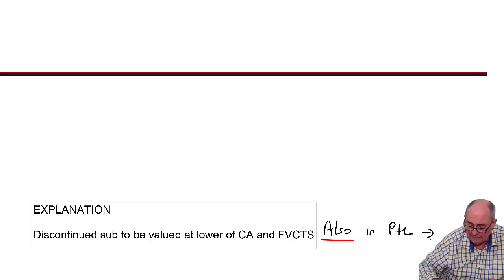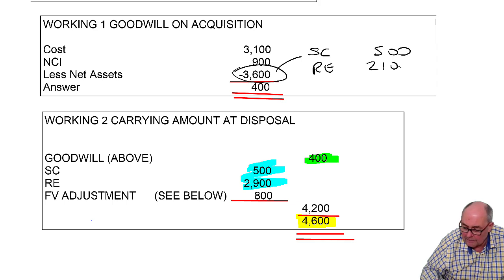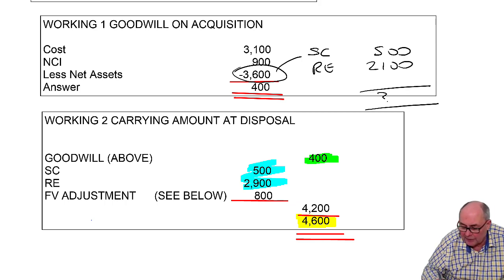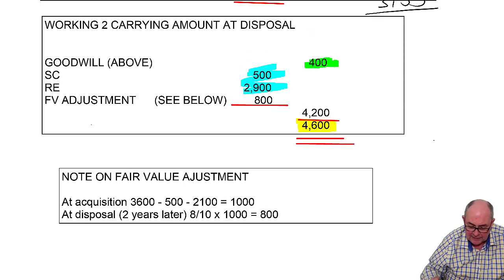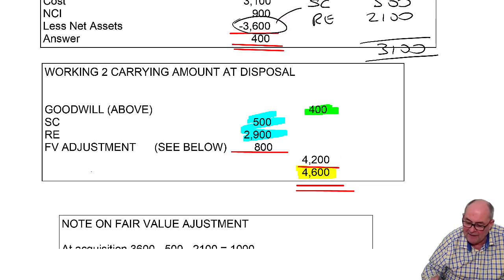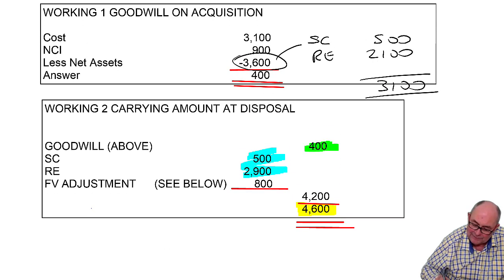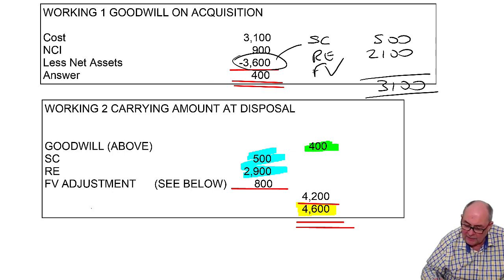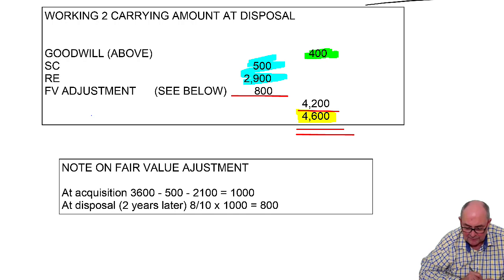So they paid 3.1, there must have been a fair value adjustment there of, now that looks like 500, which doesn't sound right to me. Let me just have a look.